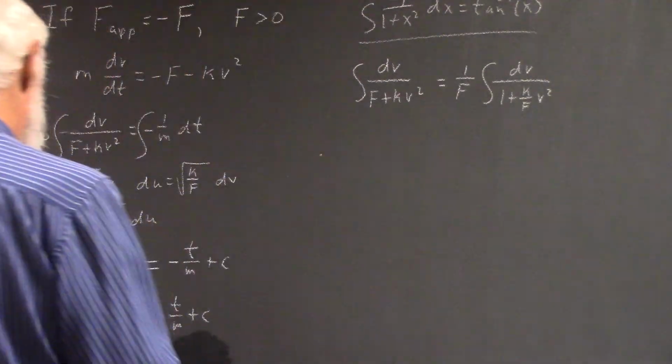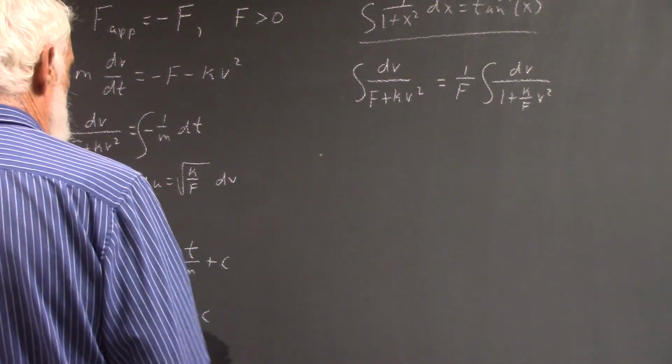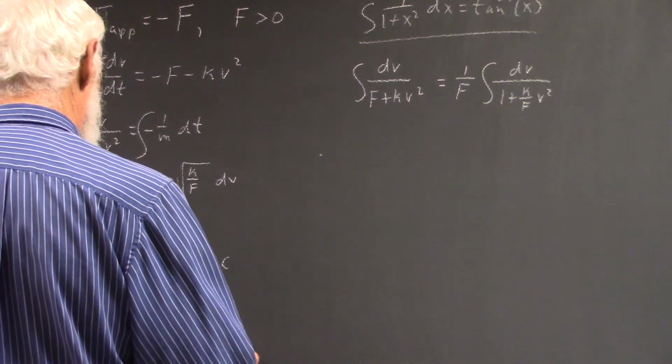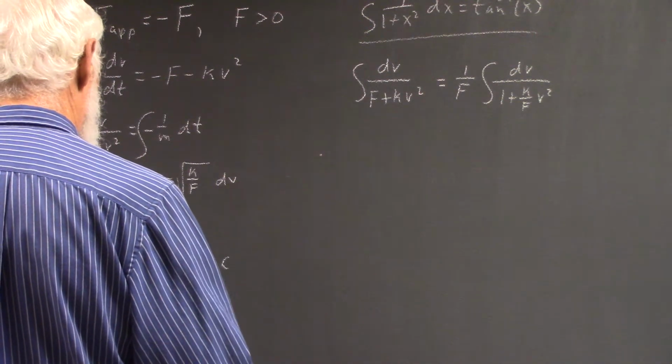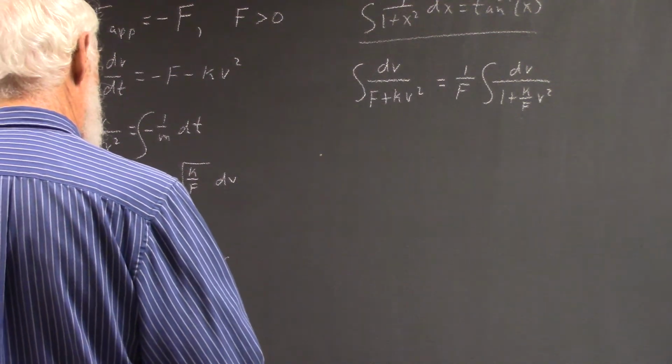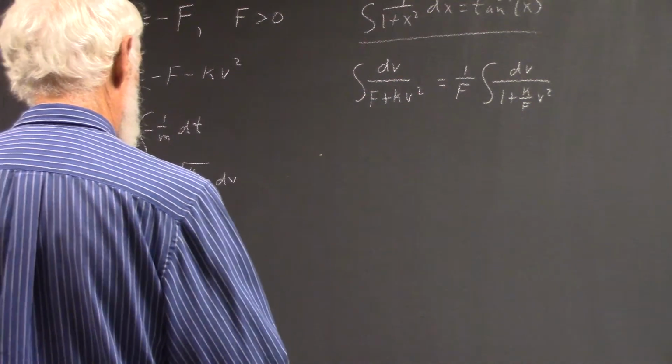So it's negative the square root of kappa f over m squared times t plus c.